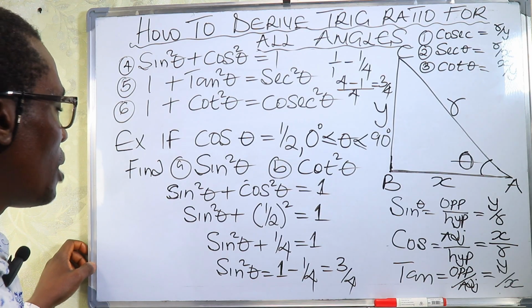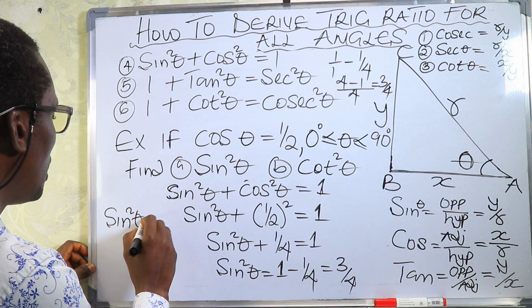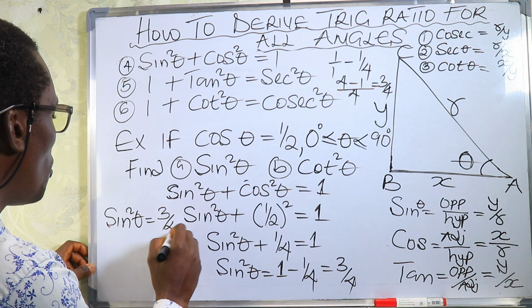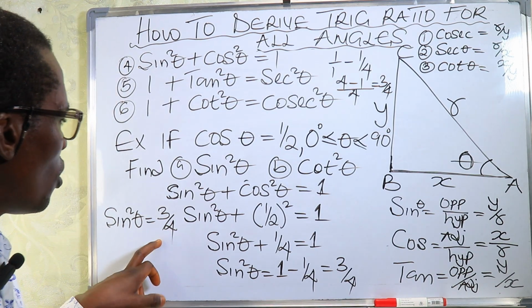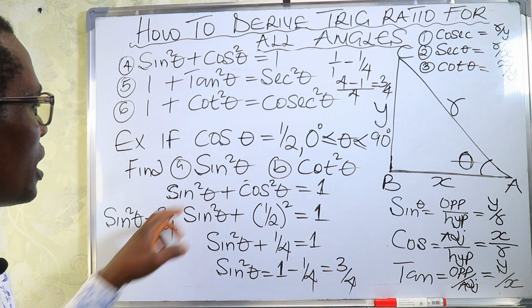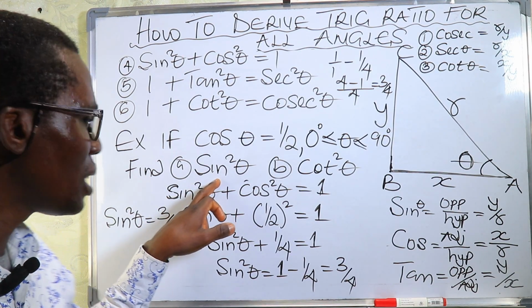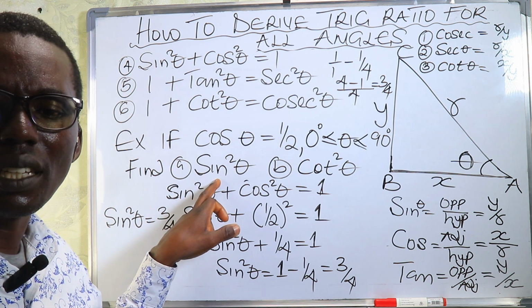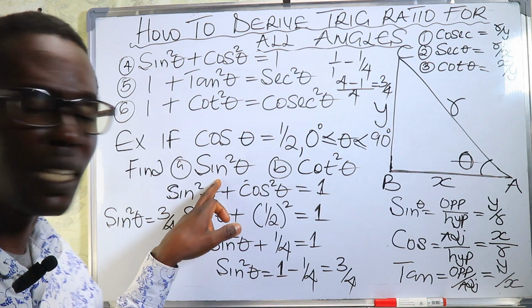So if you get 3 over 4, that means say our sine square theta will dey equal to 3 over 4. Remember wetin dey make you find our sine square theta. So we don get our sine square theta. That means say our sine square theta na 3 over 4. Now remember, they fit ask you make you find sine theta.